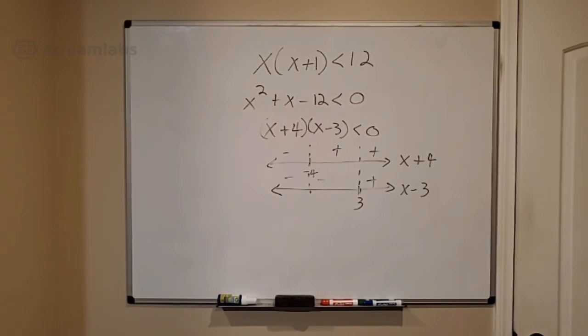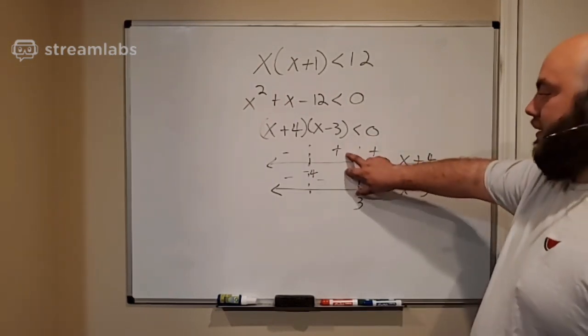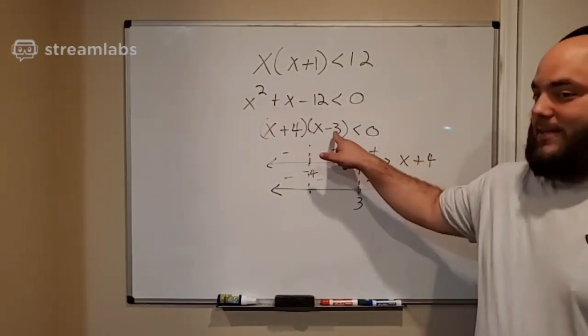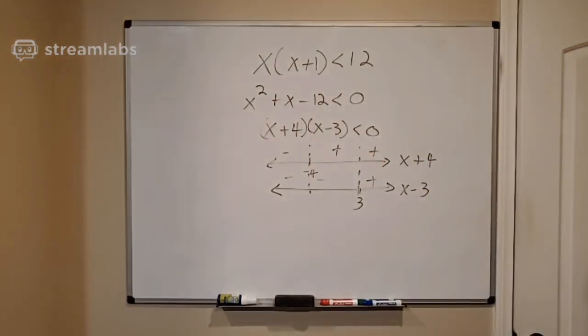If you're multiplying two things, you want the answer to be less than 0, what do they have to be? One has to be negative, and the other positive. So you need one to be negative, one to be positive. That only happens in the middle area here. So they have to be opposite signs. If you're multiplying two things, you need them to be opposite signs in order for them to be negative as an outcome.